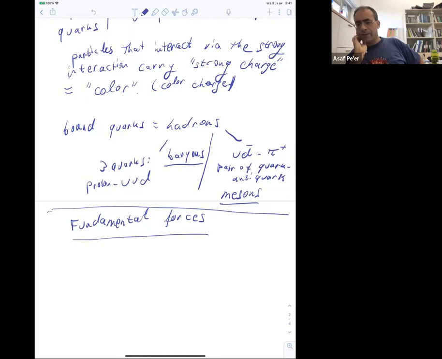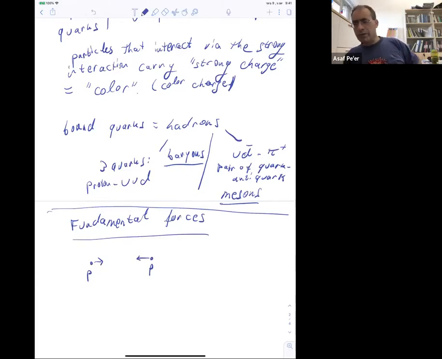If we take, for example, the electromagnetic force between 2 particles, I put here a proton, and I put another proton, and I let them approach. Classically, I can go to the rest frame of one of the protons. I can calculate the potential, and then from the potential, I can derive the force that acts on the other particle.